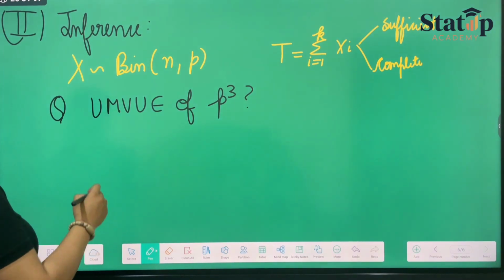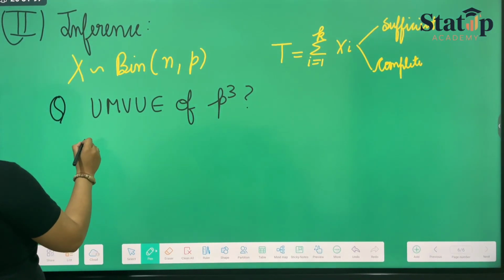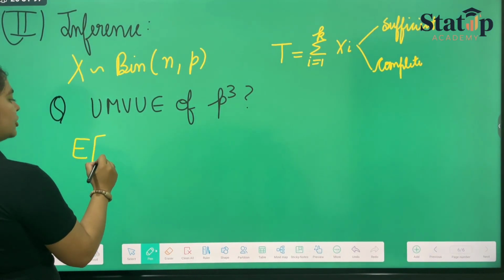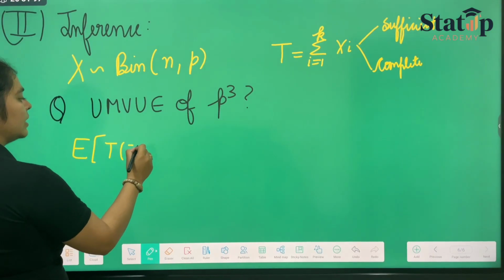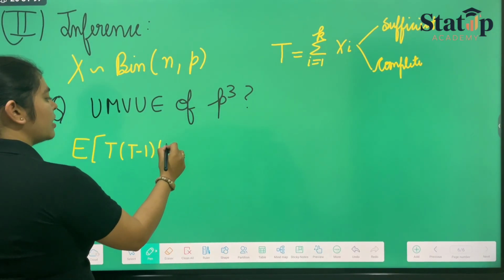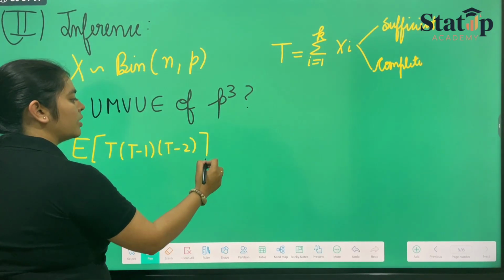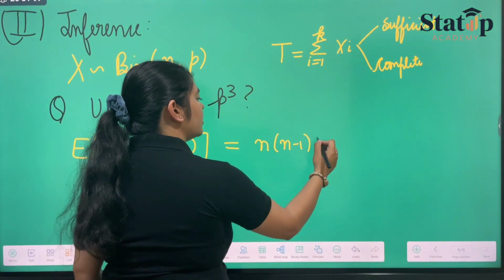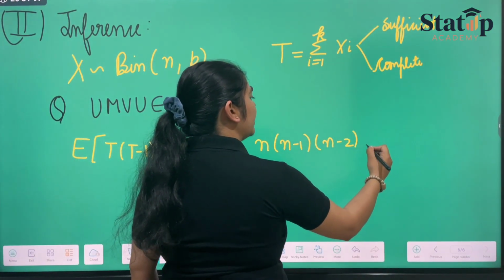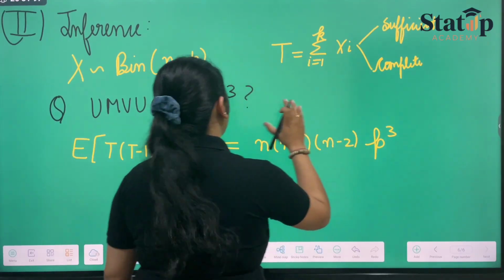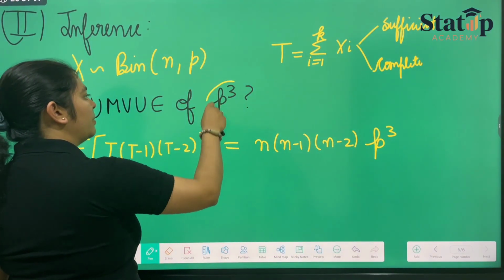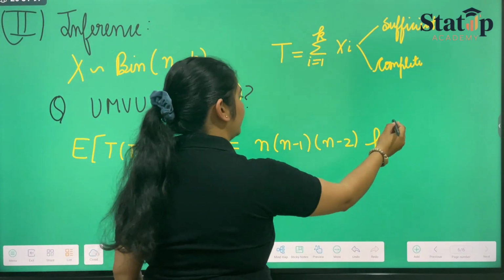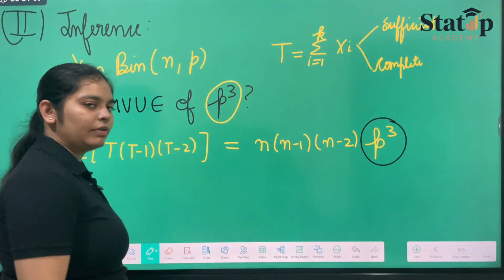We all know that p cube will come when we take the expectation of T, T minus 1, T minus 2. Then it will be equal to n, n minus 1, n minus 2 into p cube. We only had to find this term p cube here, which we have found out.